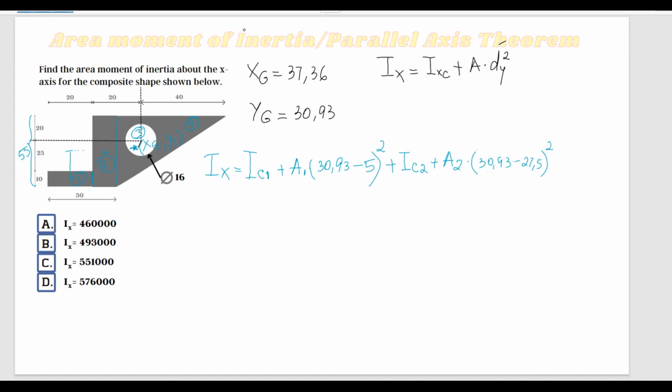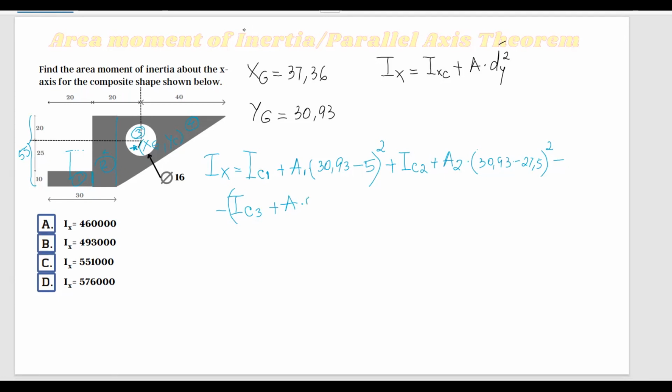Now let's go to shape number 3. And remember, shape number 3 is actually an area that doesn't exist there, so we have to subtract. I'm going to say minus the moment of inertia of the circle about its centroid axis, plus, I'm going to do a parenthesis here so we don't mess this up. So I see 3 plus the area of the circle multiplied by the distance from its centroid.